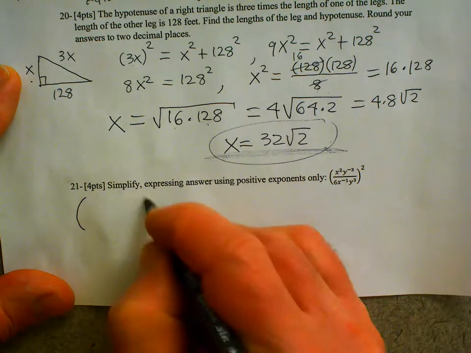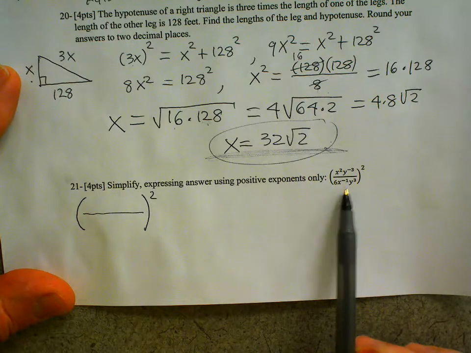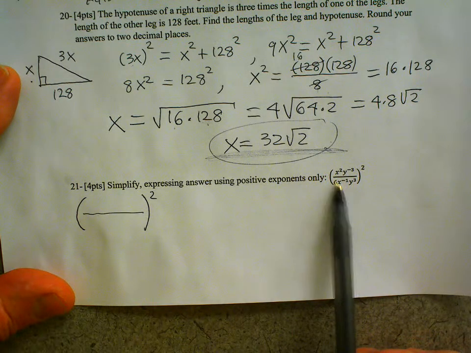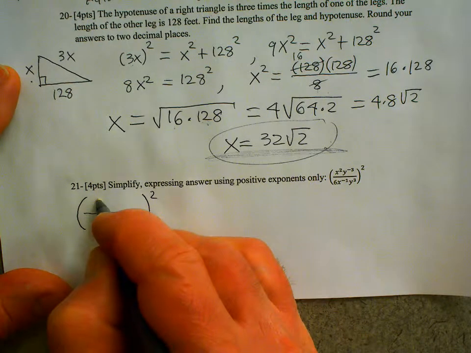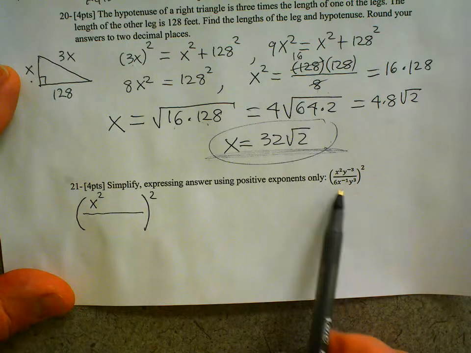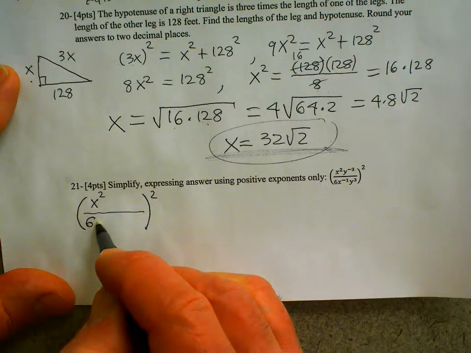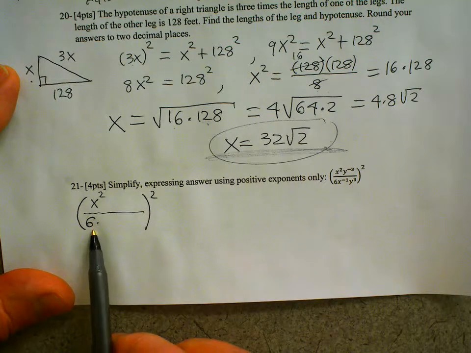Well, for these types of problems, I usually like to simplify what's on the inside of the parentheses first. So we have an x to the positive 2 in the numerator, so I'll just leave that in the numerator. And in the denominator, we have a numerical factor of 6, so that stays in the denominator.